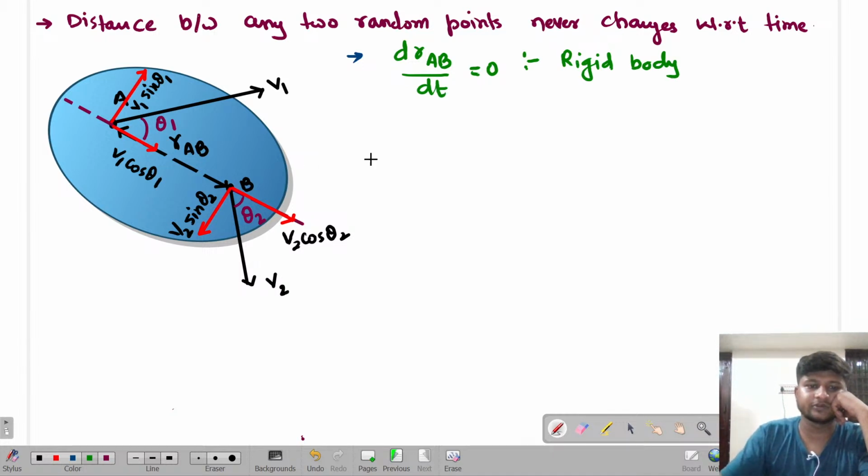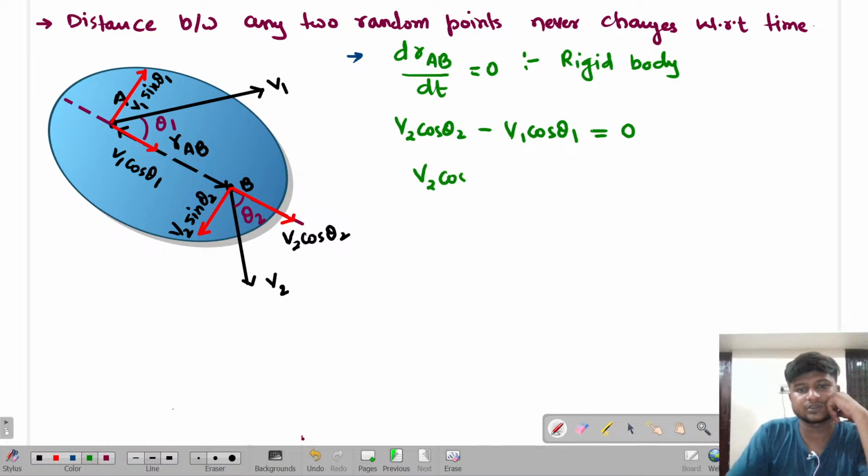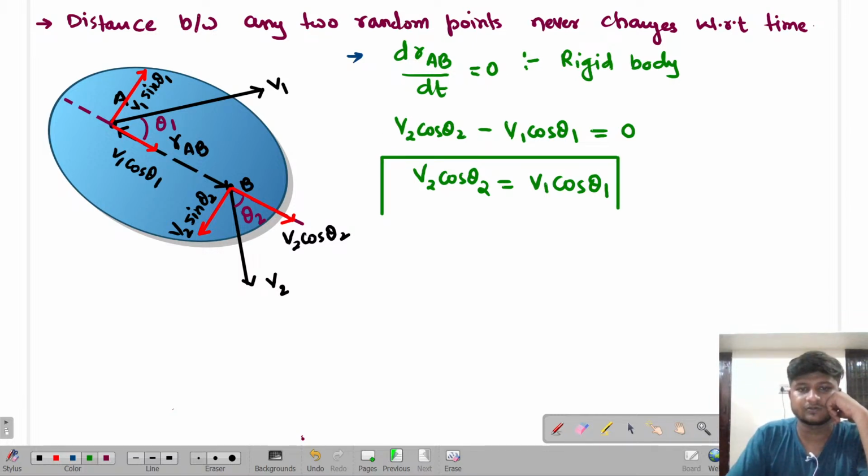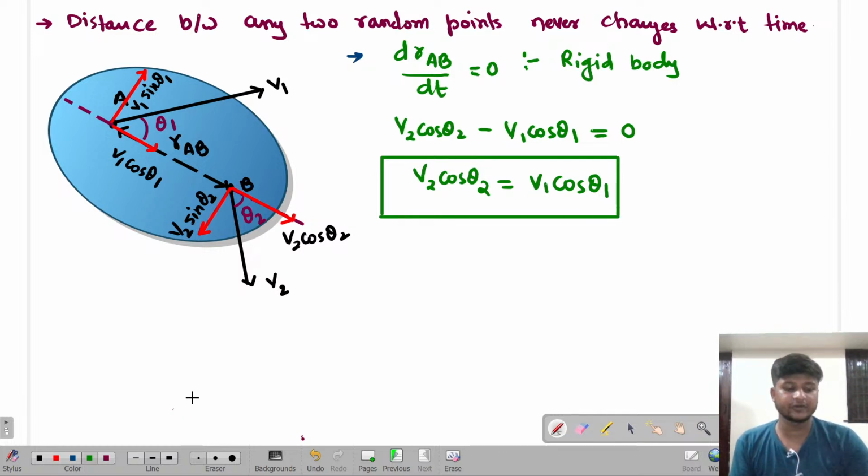It is the relative velocity between these two bodies, which is v2 cos theta 2 minus v1 cos theta 1, if they are in the same direction, and that must be equal to 0. So the first idea is that v2 cos theta 2 must be equal to v1 cos theta 1, so as to say that this is a rigid body. So the first criterion of a rigid body is that the relative velocity along the line between the two particles must be zero, that is, the components must be the same. Are you able to get me or not?